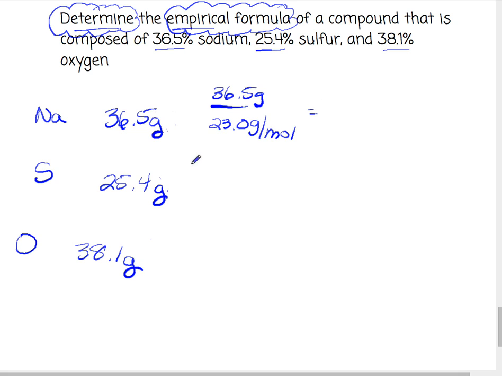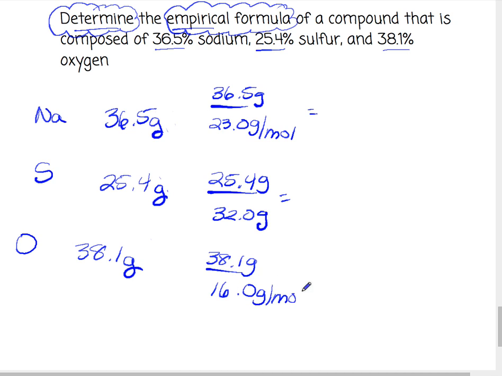And sulfur, we're going to do the same thing, 25.4 grams divided by sulfur's molar mass, which happens to be 32.0 grams per mole. And finally we get 38.1 grams divided by oxygen's molar mass, which is 16 grams per mole. Okay, we're getting a little bit faster with this.